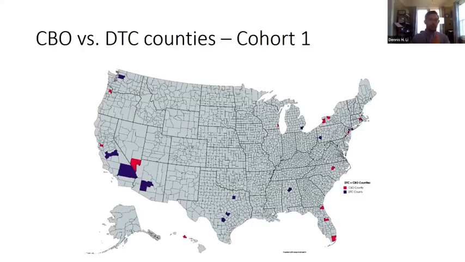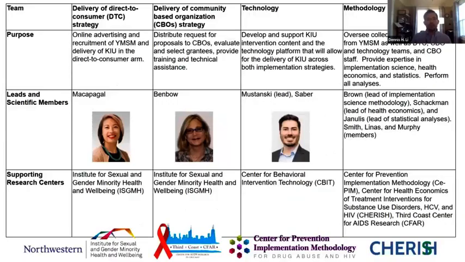We're doing this in 2 waves. In our first cohort, this map just demonstrates where our counties are. The purple is the DTC counties, the pink is the CBO counties. A unique feature of our design is that we have faculty leading each of the 2 arms, some of whom you may recognize as familiar faces.